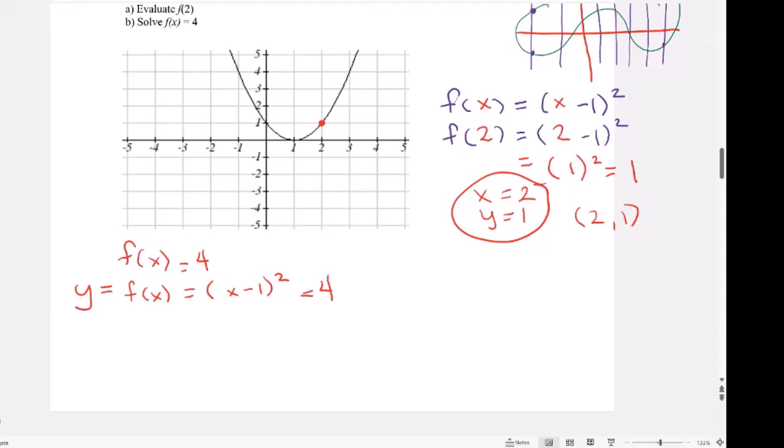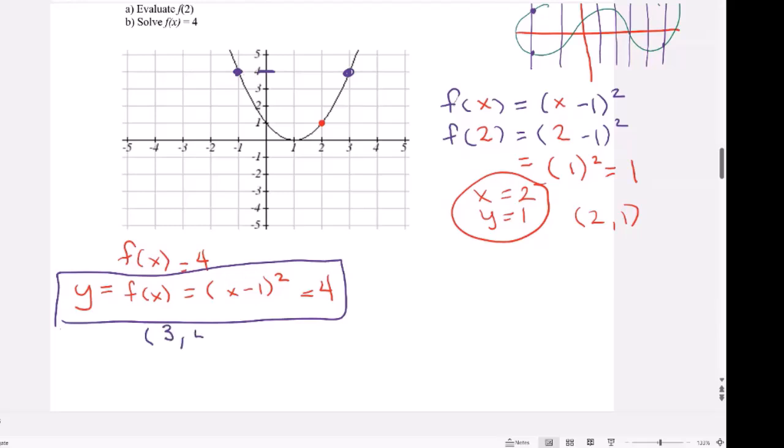So what I can do is go here and find where y equals 4. And I go horizontally, and I see here and here, both of those places, I can see that y equals 4, can't I? Well, now I can just read my x values. When x equals 3, y equals 4.